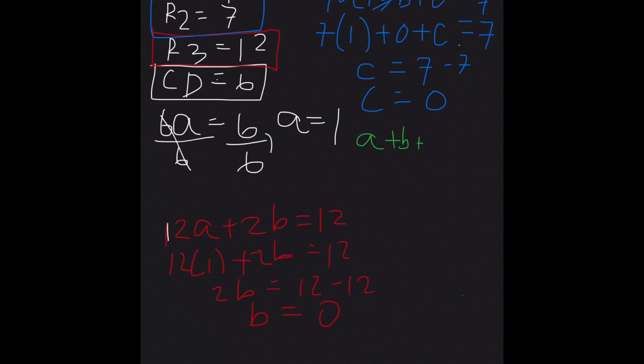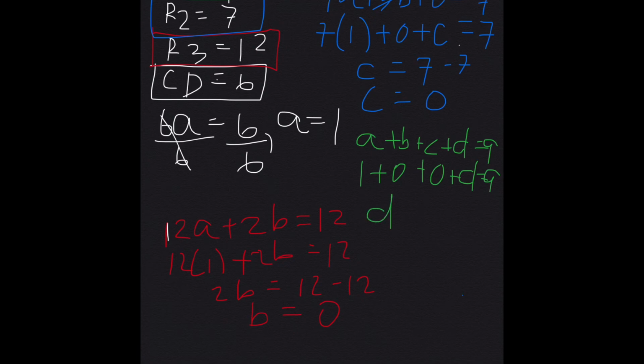Here is the last part. To find the value of d, use a plus b plus c plus d is equal to the first term in row 1, which is equal to 9. 1 plus 0 plus 0 plus d is equal to 9.